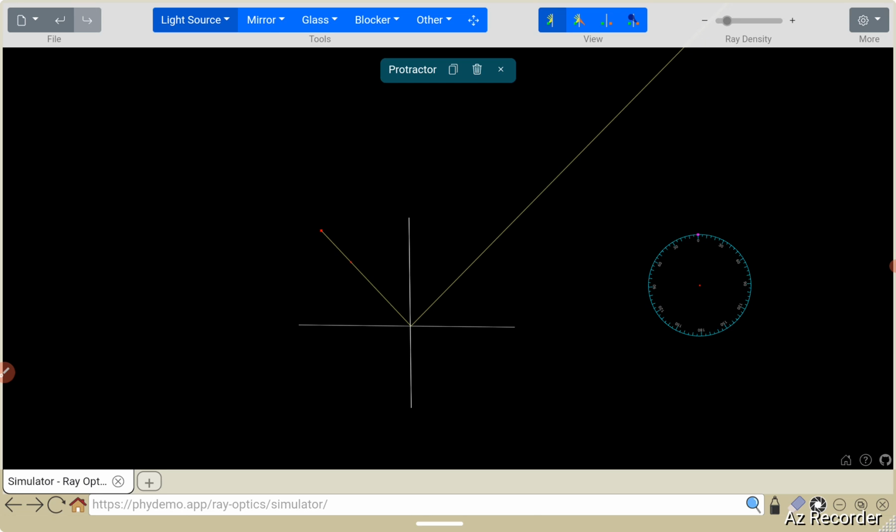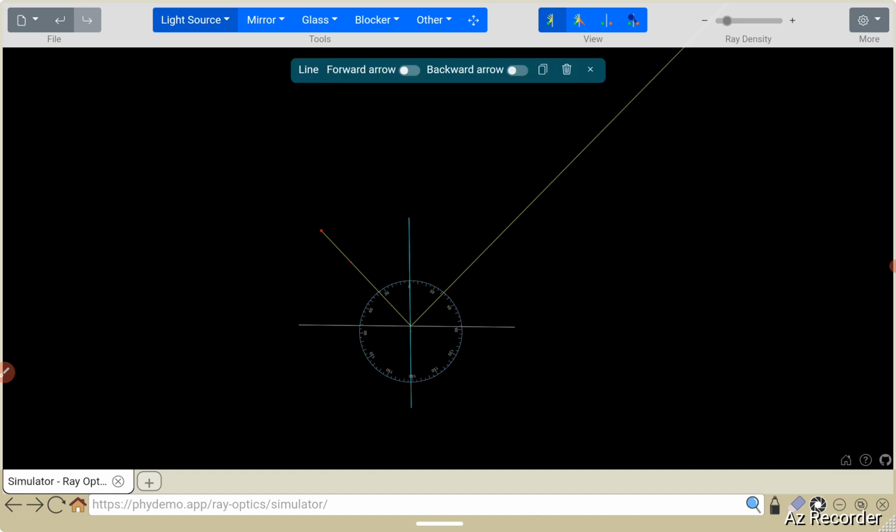Now let me measure them. If you observe, see carefully. Exactly, it is not perpendicular. Let me just make it perpendicular.